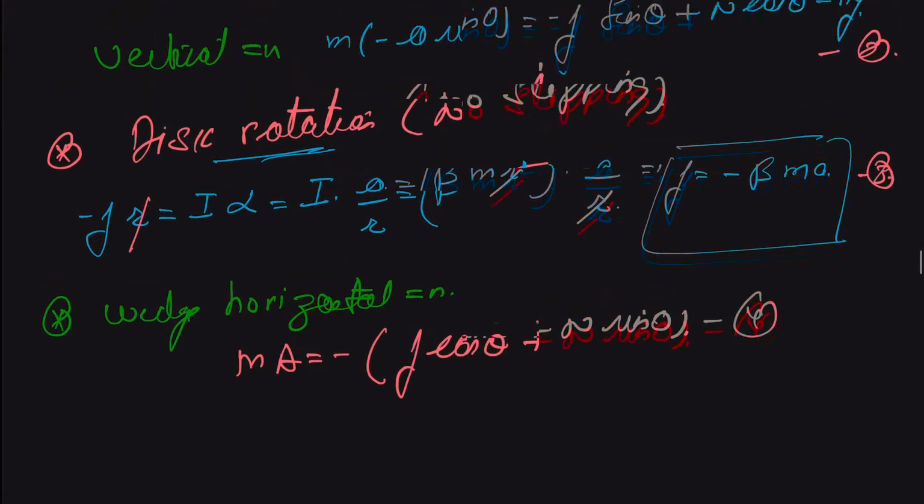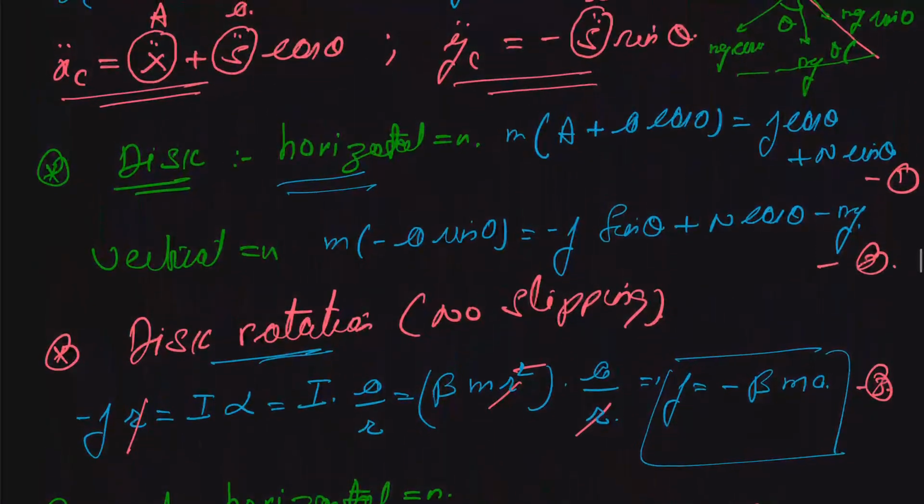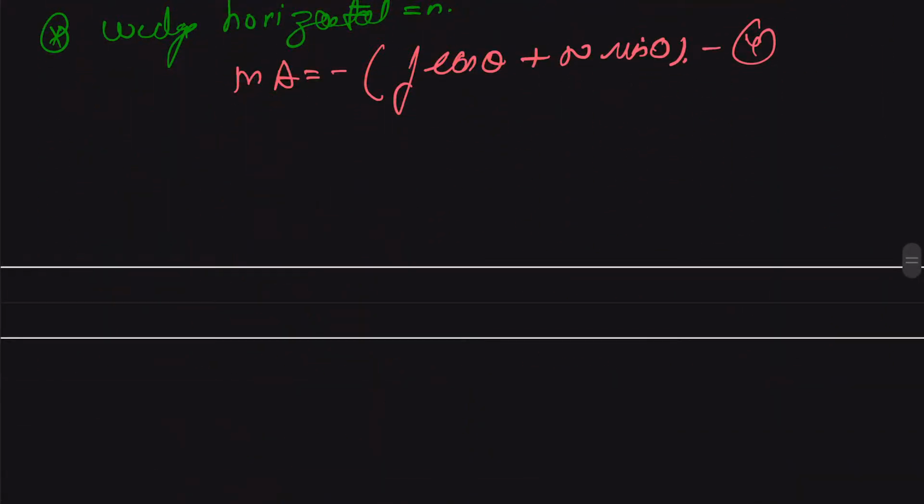And for that, what we do, we multiply equation 1 by sine of theta and equation 2 by cos of theta. So we say that our equation 1 is multiplied by sine of theta and equation 2 by cos of theta.